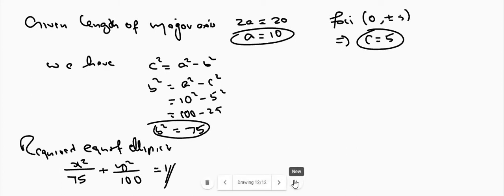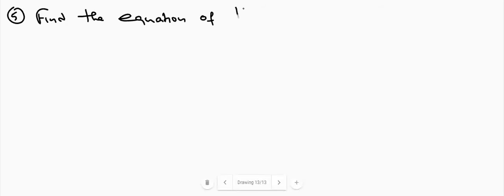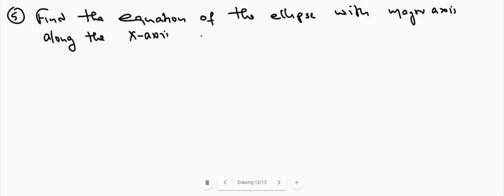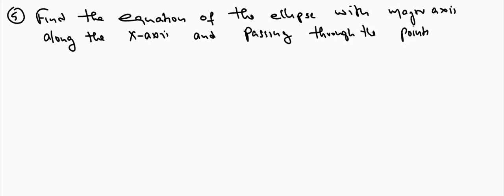Okay, next question number 5. Find the equation of the ellipse with major axis along the x-axis and passing through the points 4, 3 and minus 1, 4.